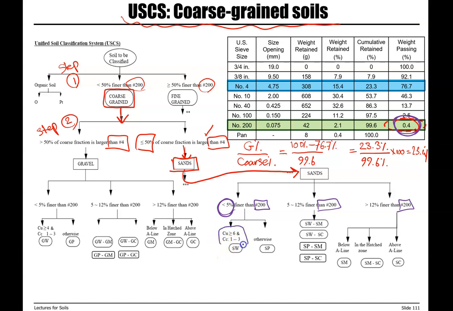In order to do that, you need to know what CU and CC are. For example, if for this sample we do the calculation and CU is 7 and CC is 1.8, then both of these are satisfied, and we can say our soil is a well graded sand, and the final symbol for this soil is SW.